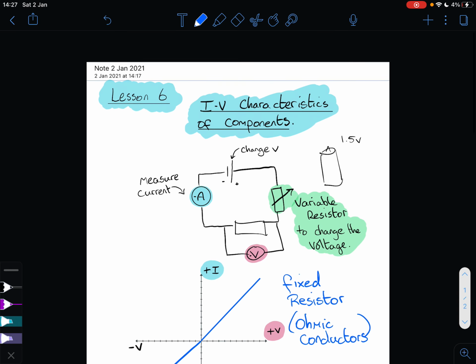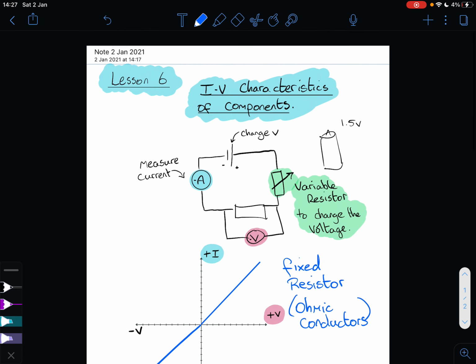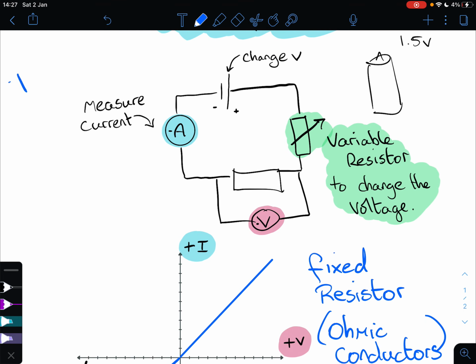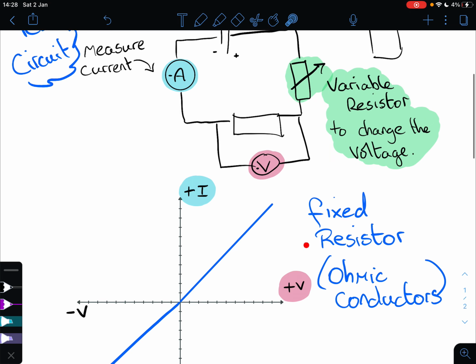So let me summarize. We have measured the IV characteristic of a component. We've built a test circuit. I forgot to put that in. This is a test circuit. We have put the ammeter in series, we've put the voltmeter in parallel with our component, which in this case was a fixed resistor.